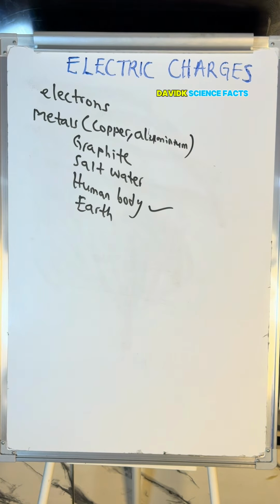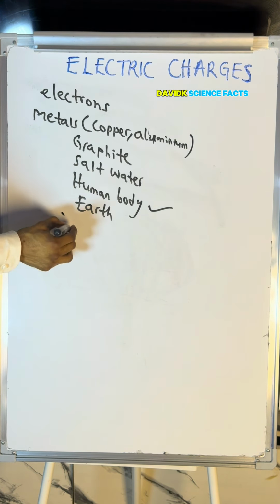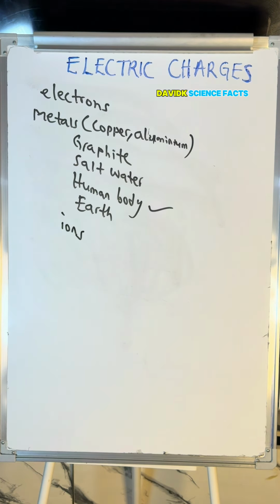The human body is a conductor because it contains water and dissolved salts. These salts produce ions that can move freely, allowing electric current to pass through the body. So if they ask, why can't a conductor hold charge when held? The answer is because charge flows through the body to the earth.